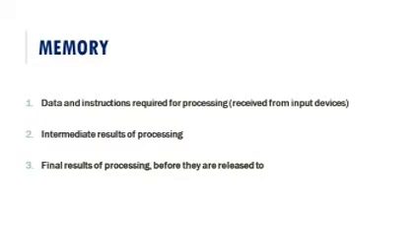After all the processing, it can carry the data in the memory or storage devices, and it can also store the final produced results. So these are the basic three functions of the memory.